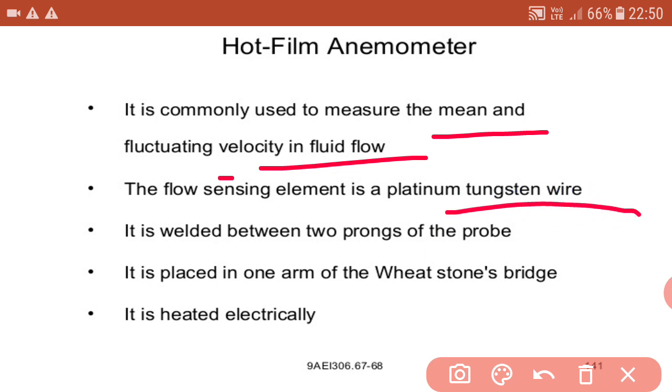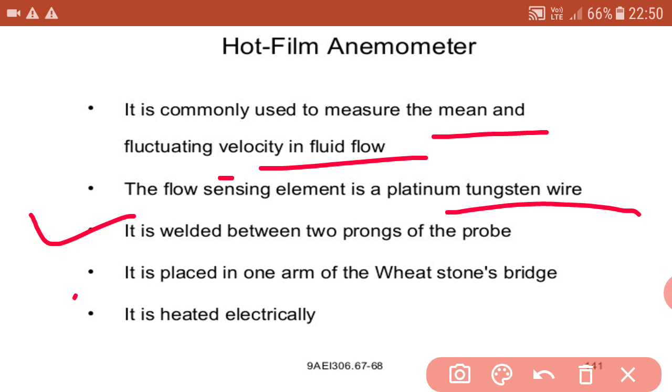So tungsten is also an alloy. So the platinum tungsten wire is used as the sensing element. It is welded between two prongs of the probe.